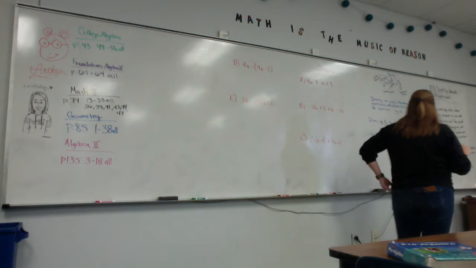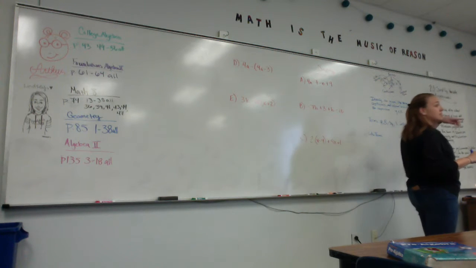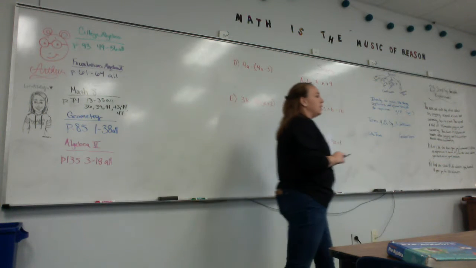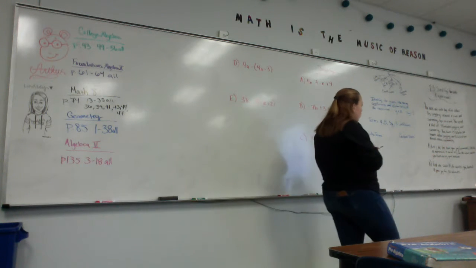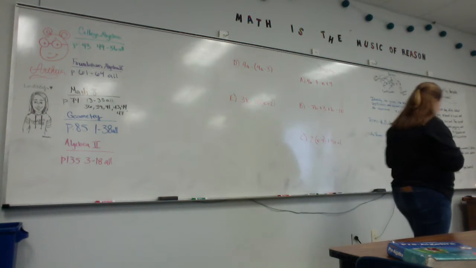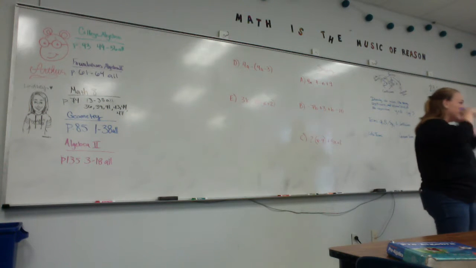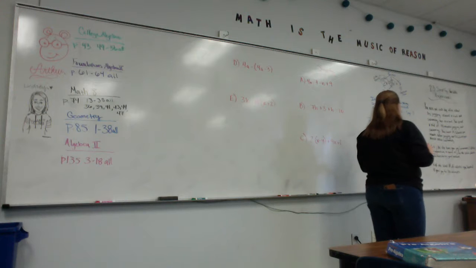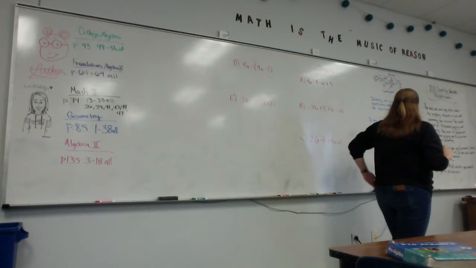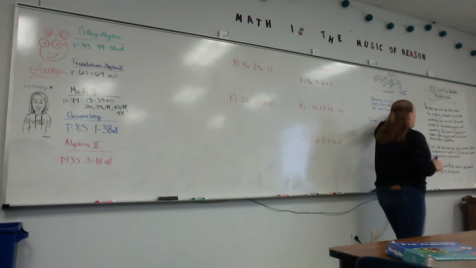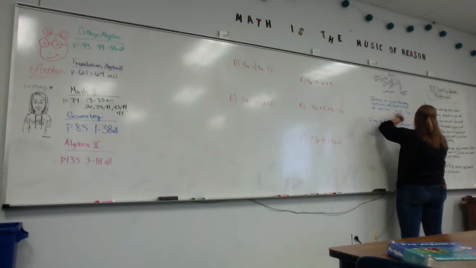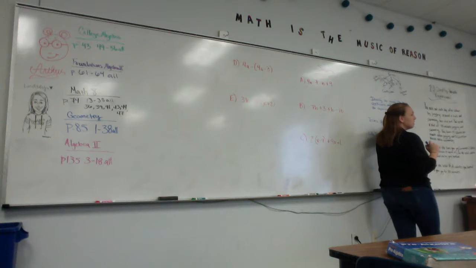What are your coefficients in this? 5. And? This is tricky. And 1. Okay, so there's a 1 in front of this y. So 1 is a coefficient, and what is the other coefficient?